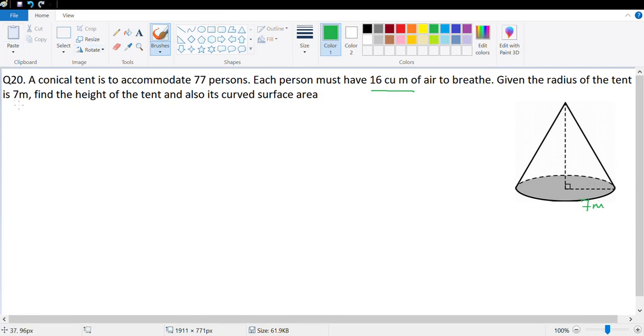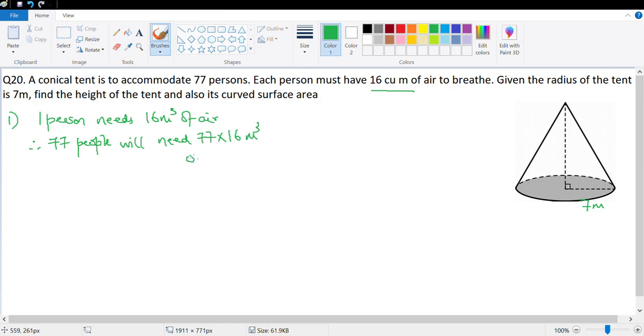So first unitary method, one person needs 16 meter cube of air. Therefore, 77 people will need 77 into 16 meter cube of air, which means volume of tent should be equal to 77 into 16 meter cube.